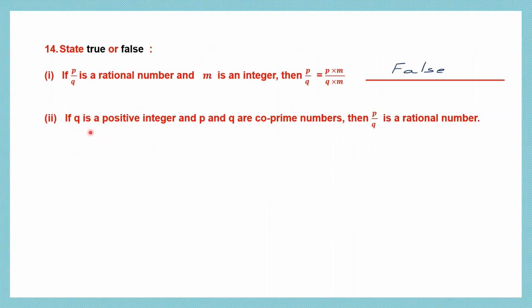Second question, if Q is a positive integer and P and Q are co-prime numbers, then P by Q is a rational number. Again, let's go carefully and see whether this statement is true. Now, here it says if Q is a positive integer.